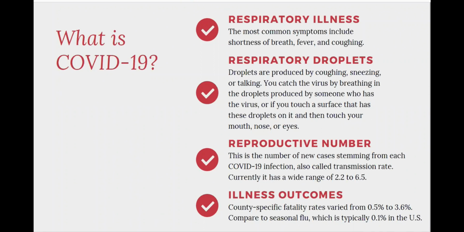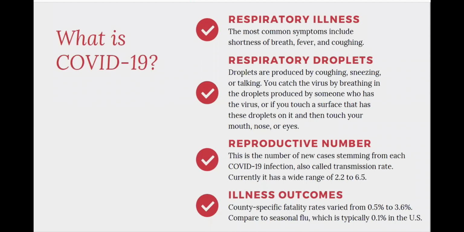Reproductive number. Now this is a new term, even for myself. I only knew it as transmission rate, but this is the official language for a virus, and it means the number of new cases stemming from each COVID-19 infection. And that is, if I was to get sick, how many people would I transmit that virus to?